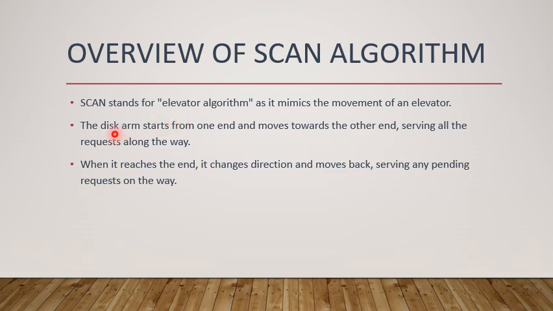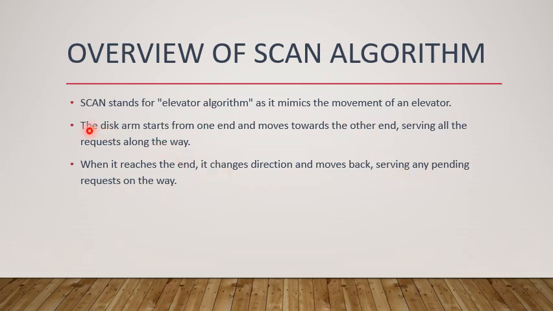Now the disk arm starts from one end and moves towards the other end, servicing all the requests along the way. And then when it reaches the end, it changes direction and moves back, serving any pending request on the way.